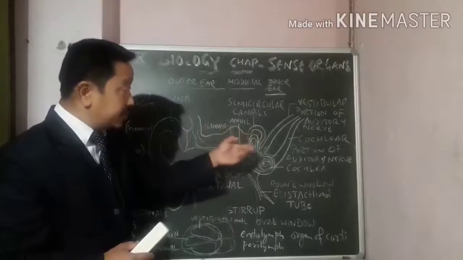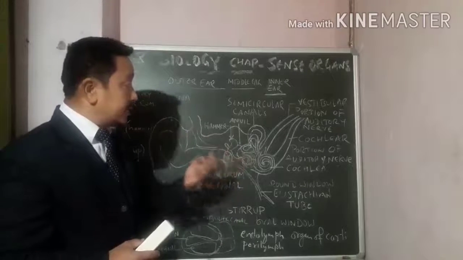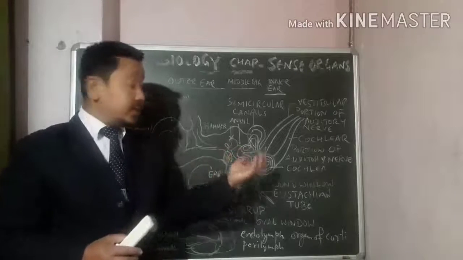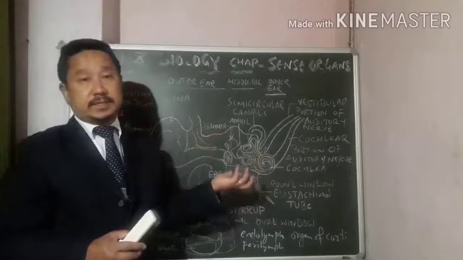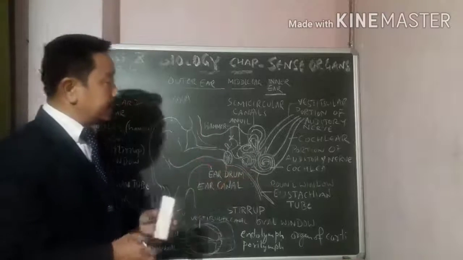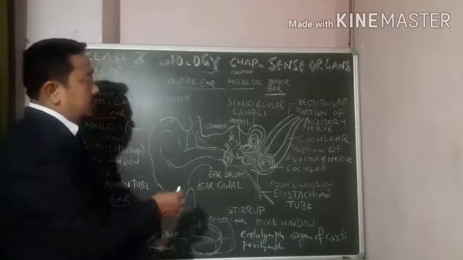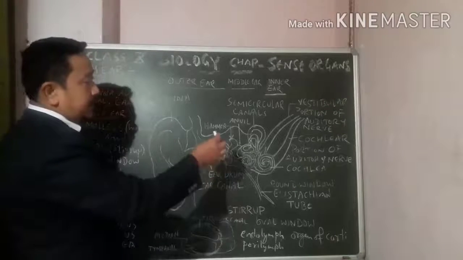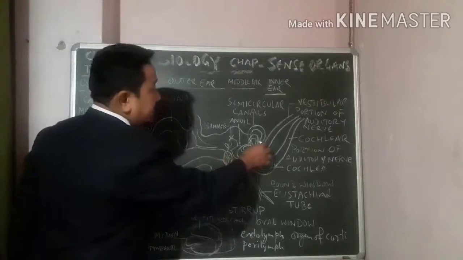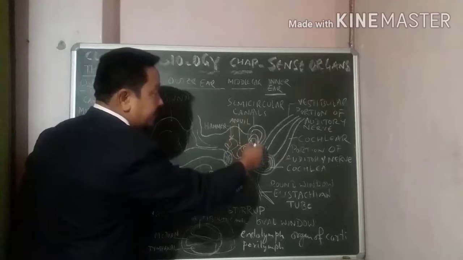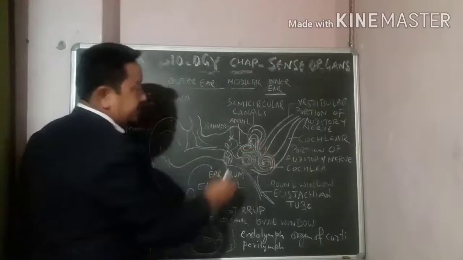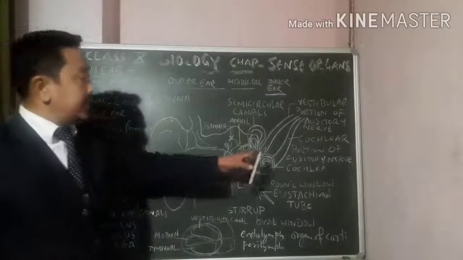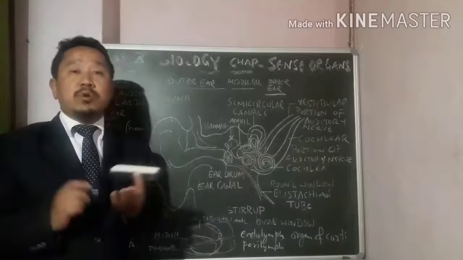Three canals are there, arranged at right angles to each other in three different planes. And the end of each canal is widened at the base out here, making an ampulla.